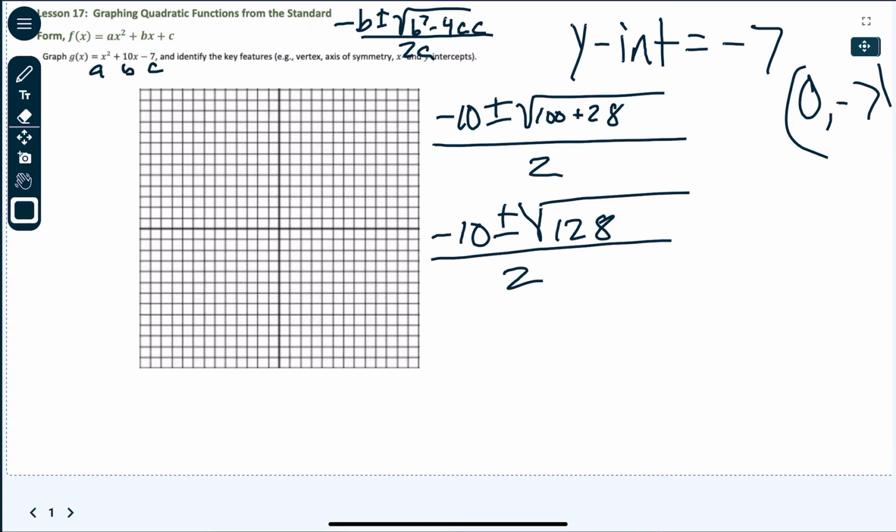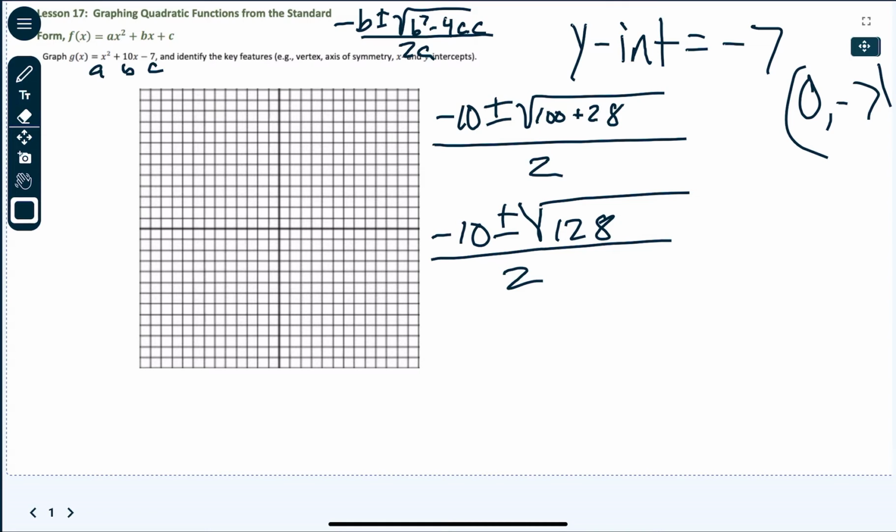What about 4? That will work. What about 16? That will work. What's another one? 25 won't work. 36?